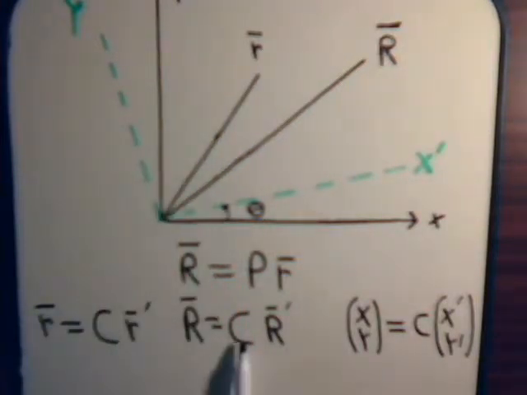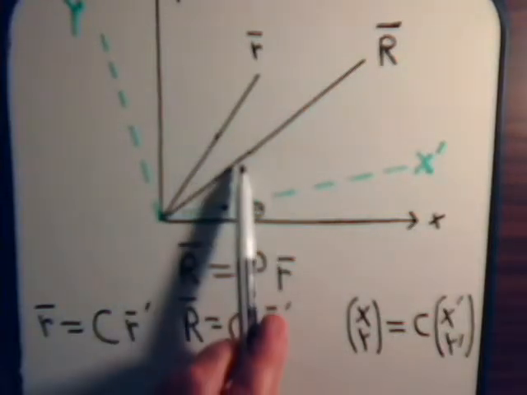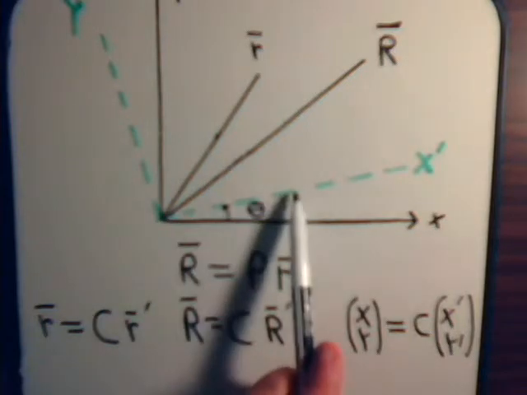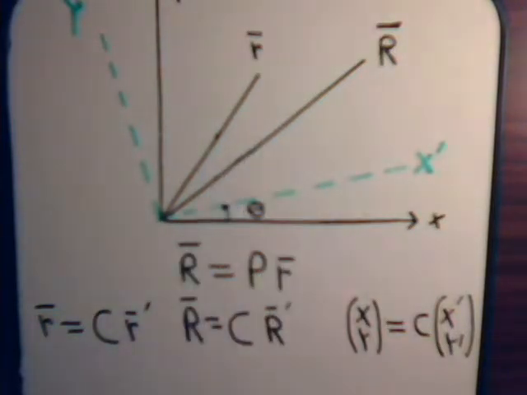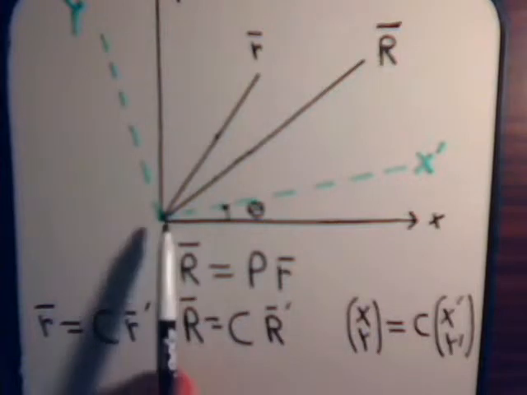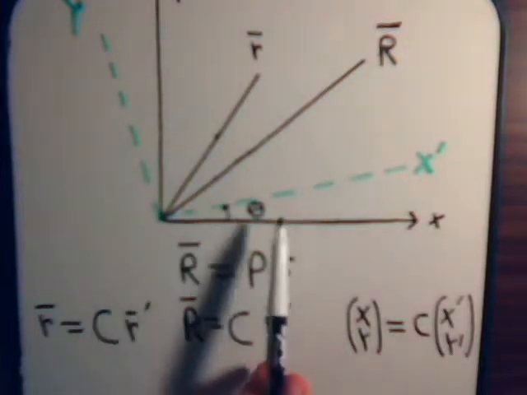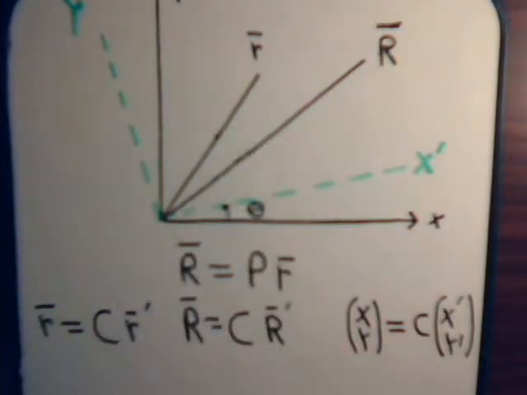And of course, that same matrix will do the same trick for this vector. If we know here a particular x prime, y prime point, by using matrix C, we can determine its corresponding xy point. What we don't know how to do right now is this.